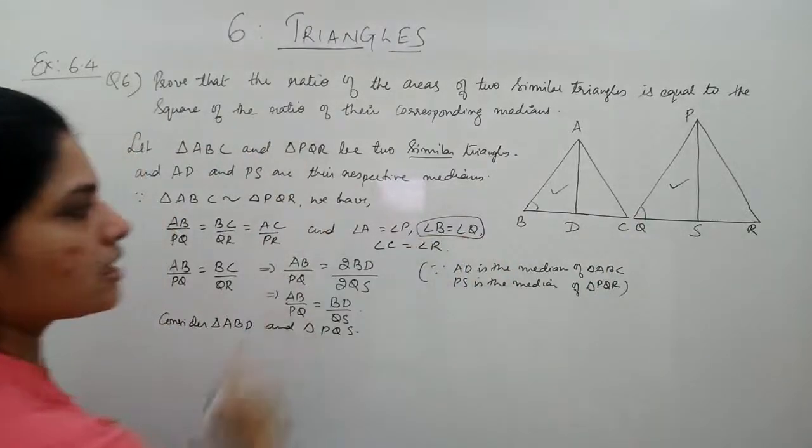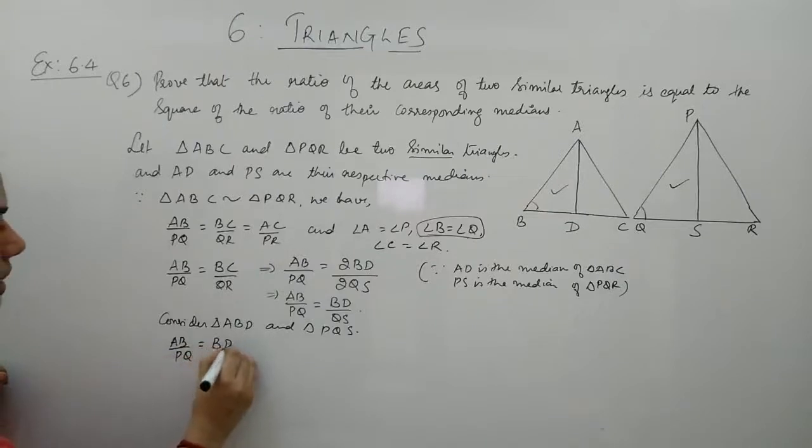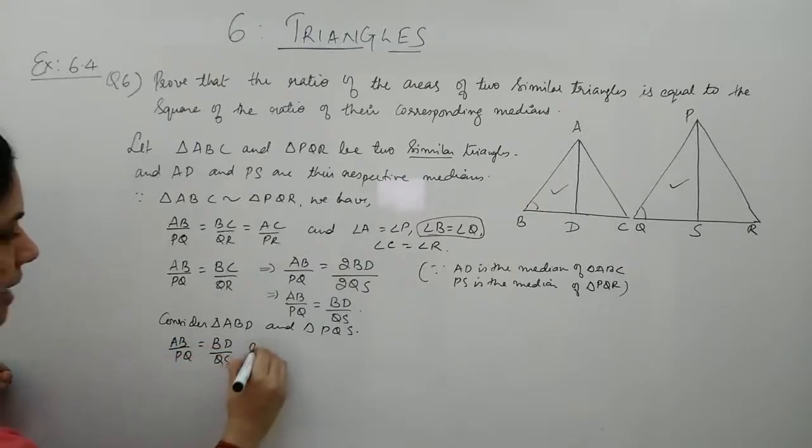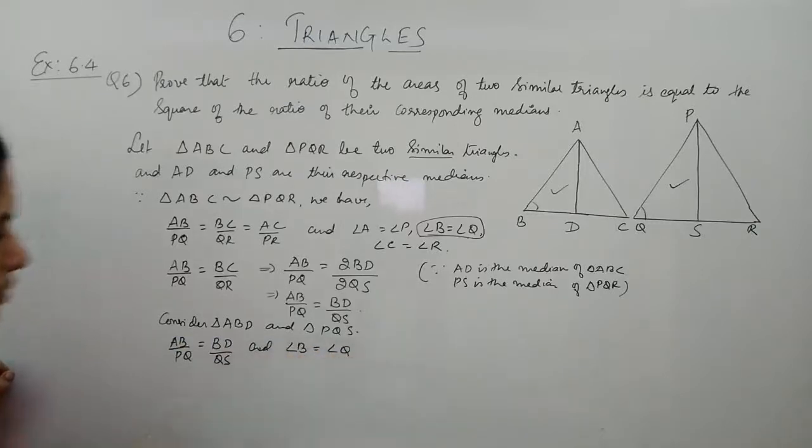So combining these three, you can say that the two triangles are similar. So from this triangle you have AB by PQ is equal to BD by QS, and angle B is equal to angle Q. Therefore, triangle ABD is similar to triangle PQS.